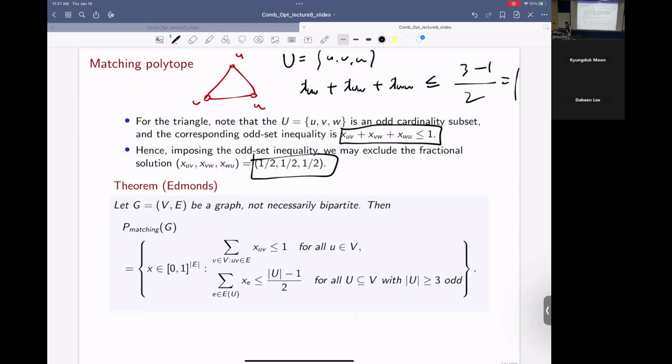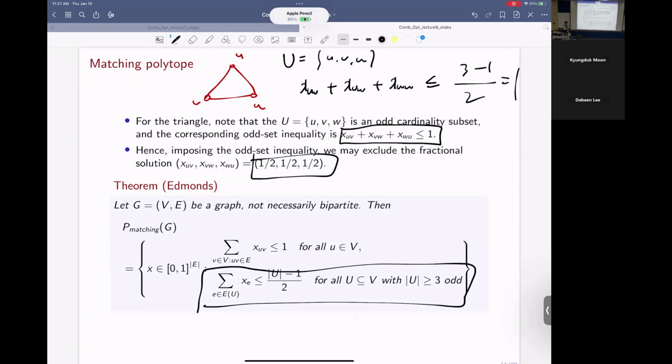So in fact, the matching polytope for a general graph is obtained by adding all possible odd set inequalities to the degree constraints. Okay, so this is the matching polytope for general graphs.